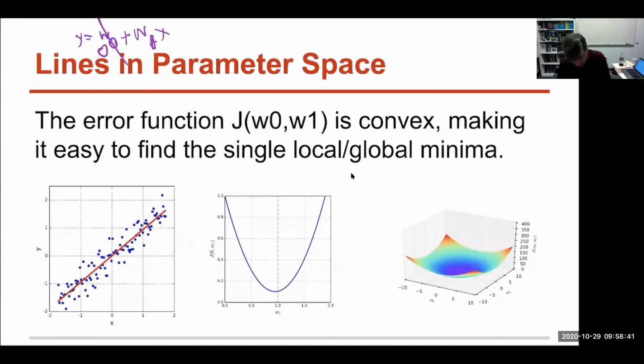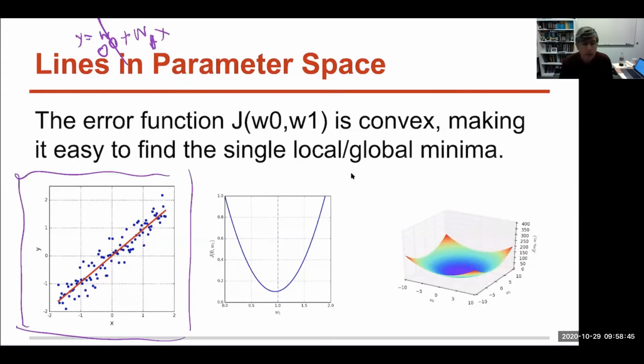We can now think for any given example here. Here is a set of training examples, which are a bunch of x, y points. If we know that the intercept W0 is going to be 0, we can ask ourselves, what is the error as a function of the slope?